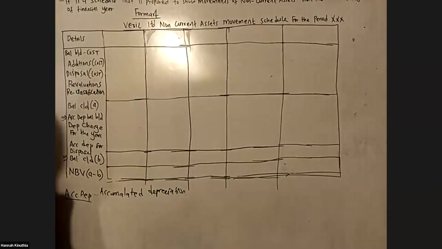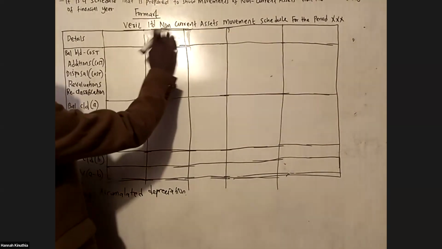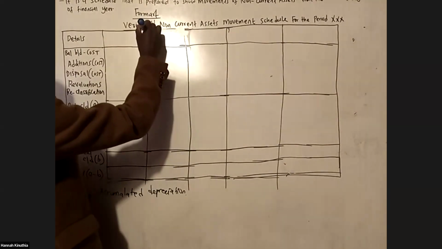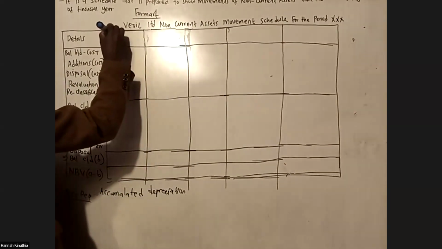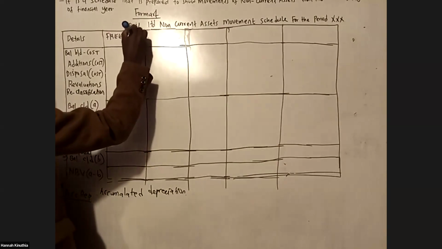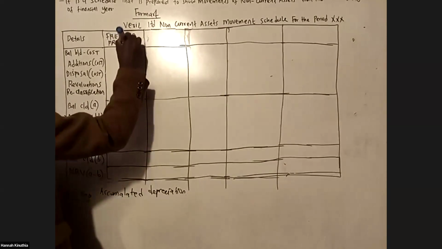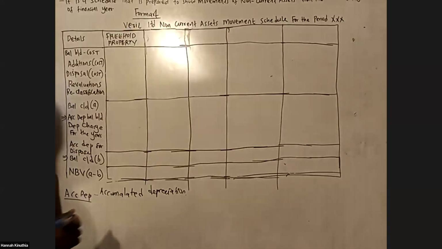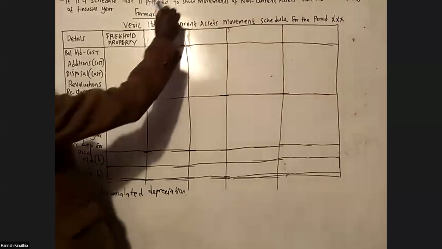So we start with number one. From the question, we have the freehold property. We put it in thousand because the question is in thousand.